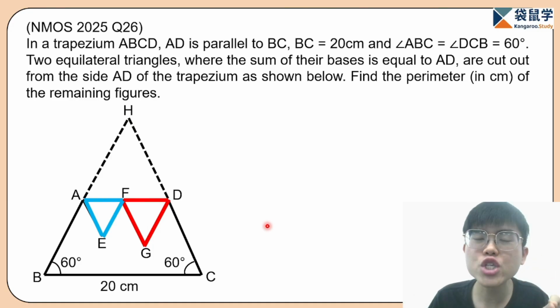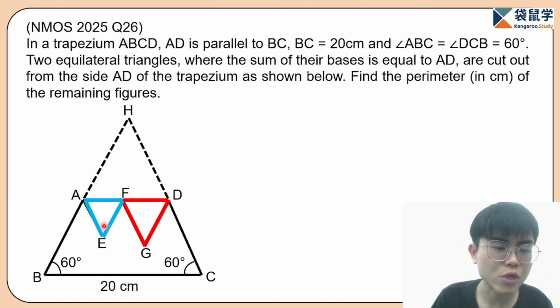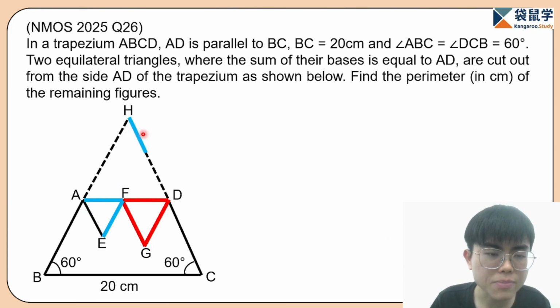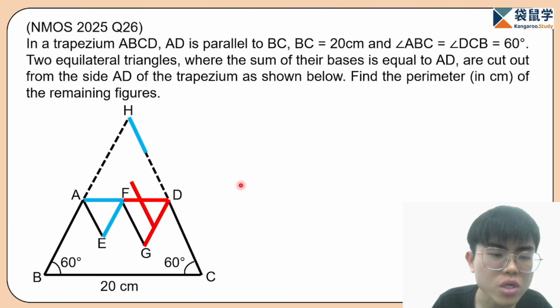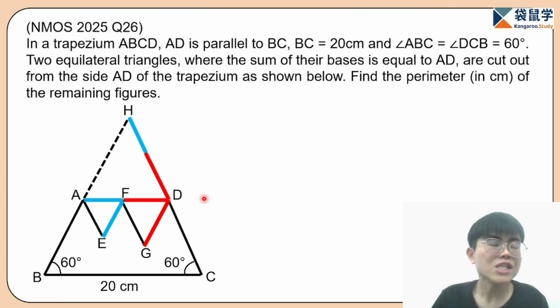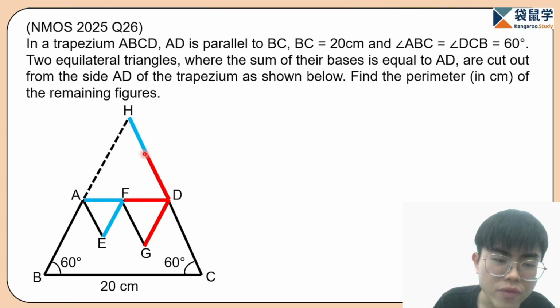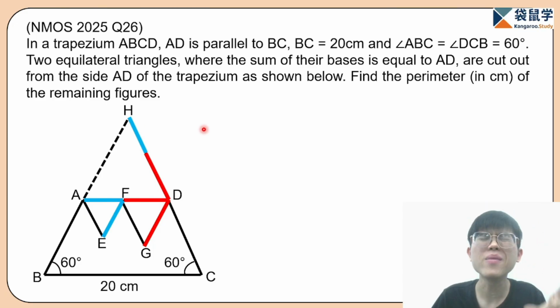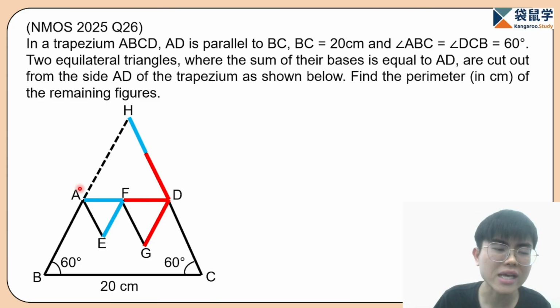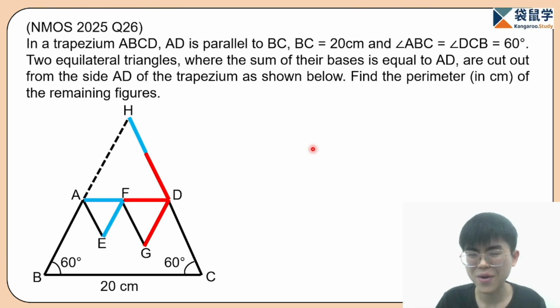So you can see that when we try to move our line using the translation method, we move the AE to this part, and then we move FG to this part. So you can see that the blue line with the red line will also form another side of this equilateral triangle, right?